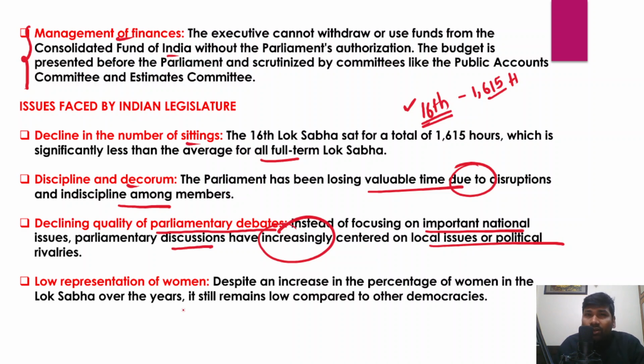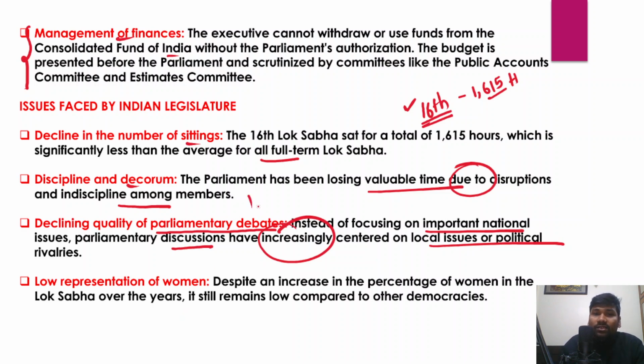And in Parliament we rarely see healthy and productive discussions in recent times. So this also indicates there has been an institutional decline in the functioning of Parliament. Similarly, since independence, the number of women representatives in Parliament has not substantially improved.